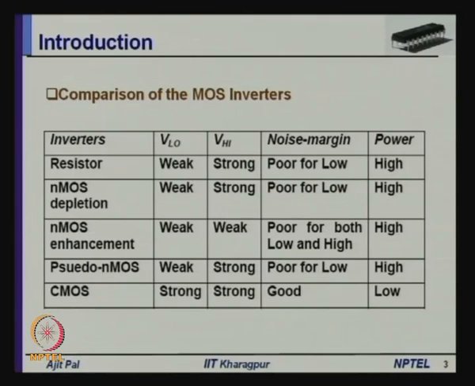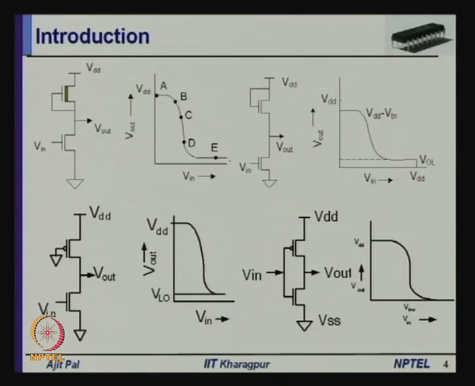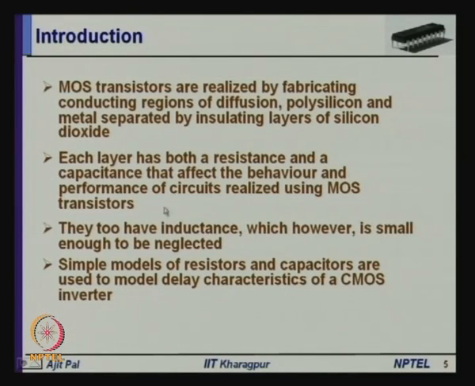Okay. So, with this comparative study, let us move to our main topic, that is the switching characteristics of MOS inverters. So, we know that MOS transistors are realized by fabricating conducting regions of diffusion, polysilicon and metal separated by insulating layers of silicon dioxide, that we have already studied in the first lecture itself.